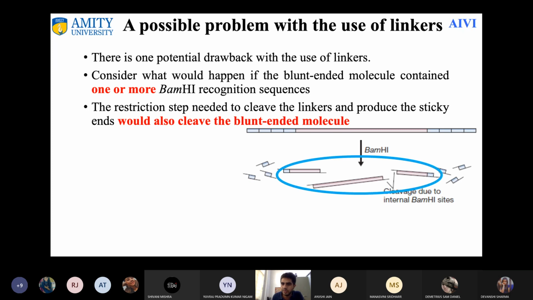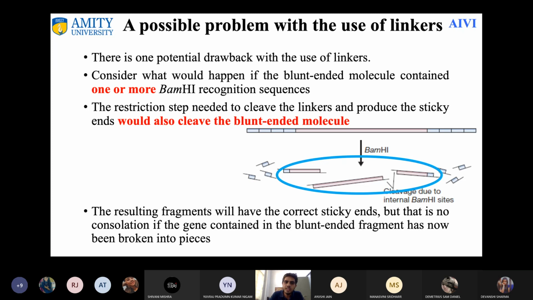That's also a drawback of it. The resulting fragment will have correct sticky ends, but that is no consolation if the gene contained in the blunt end fragment has now been broken into pieces. As I mentioned, we can't assure that every one of your fragments is being protected.